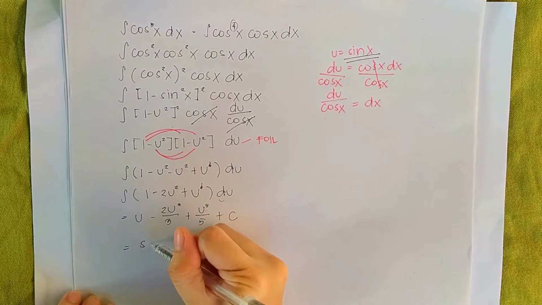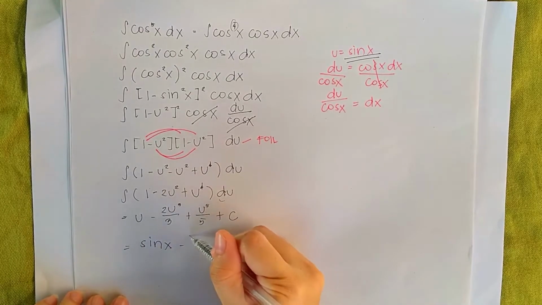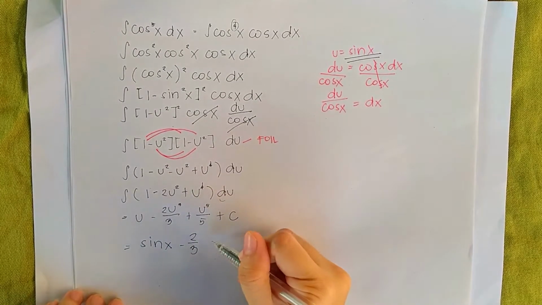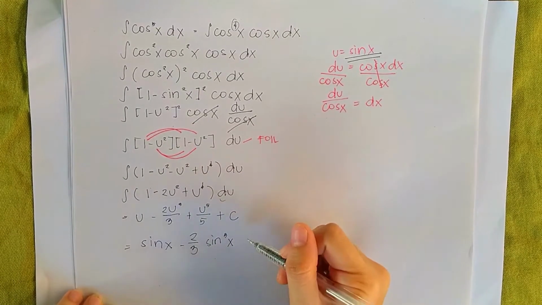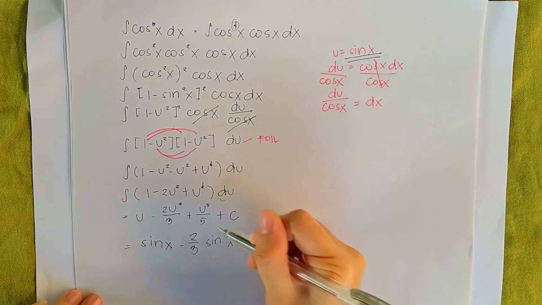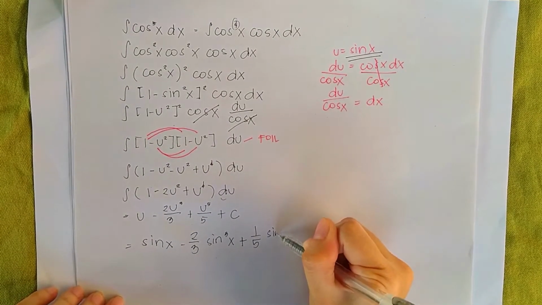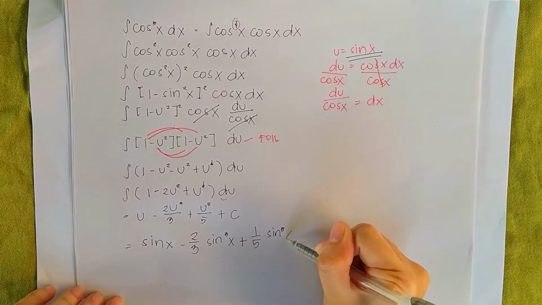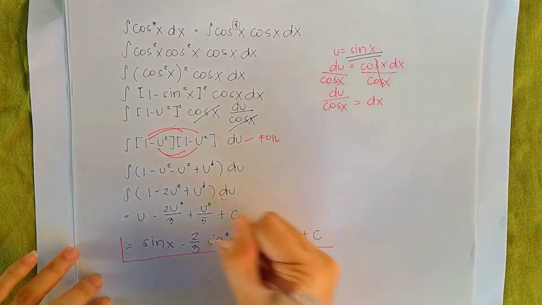So this will be sine x minus 2 over 3 sine cubed x plus 1/5 sine raised to 5x plus c. So this is our final answer.